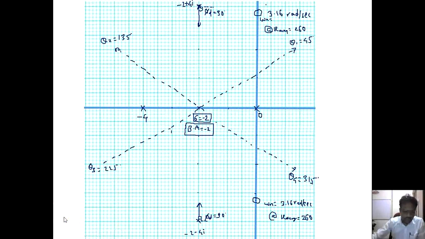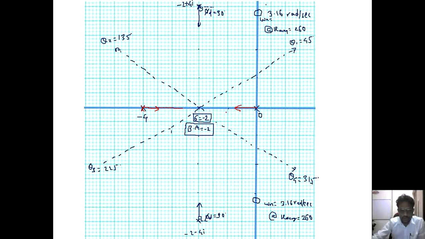Now let us draw the root locus. First, this is a pole and this is a pole. This is a non-root locus region, this is a root locus region. So from this root locus region, this pole will travel in this direction, and from this pole the root locus will travel in this direction, because again after -4 this is a non-root locus region.